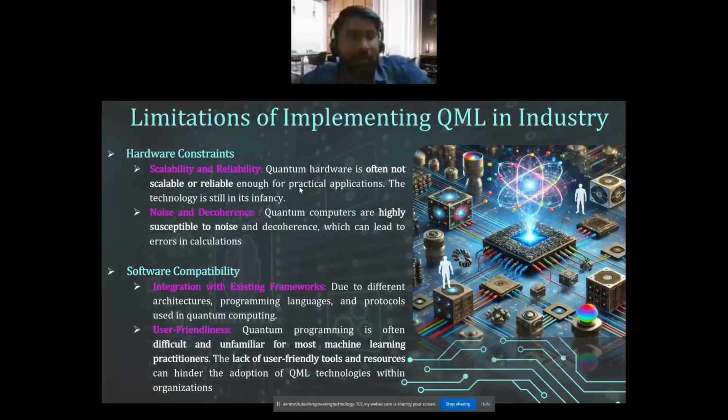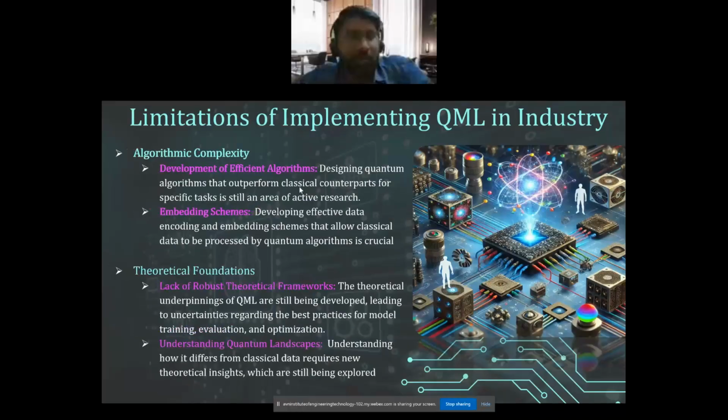So hardware, we have seen the hardware constraints. What are the limitations on the software side? Then the algorithmic complexity. Developing an efficient algorithm is also a difficult thing in quantum machine learning, and then embedding schemes. So these are two different things which lead to limitations in quantum machine learning.